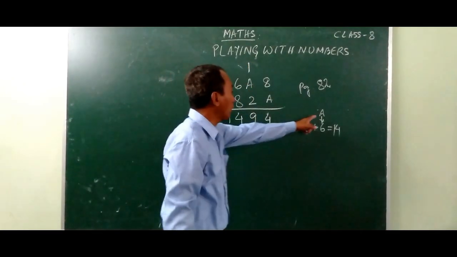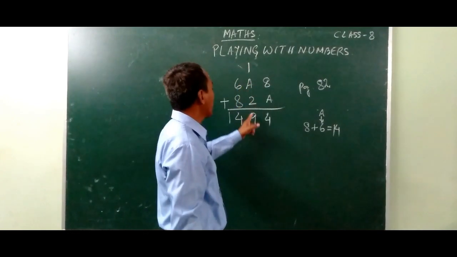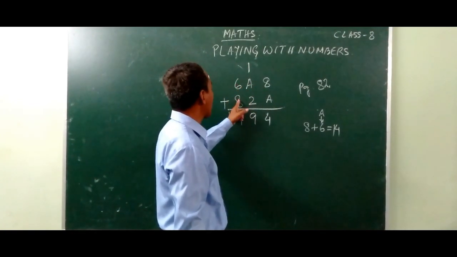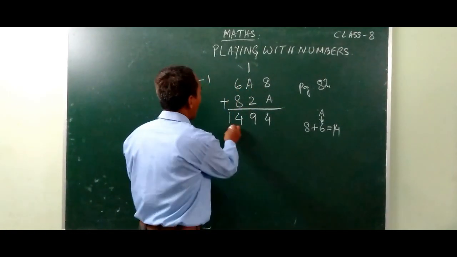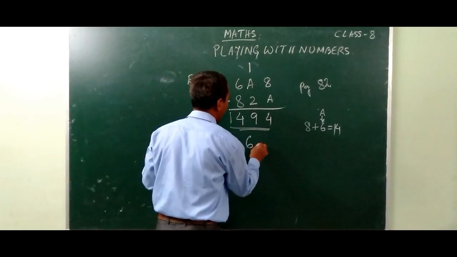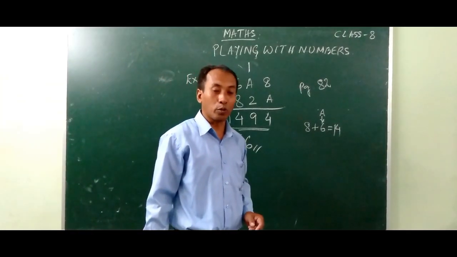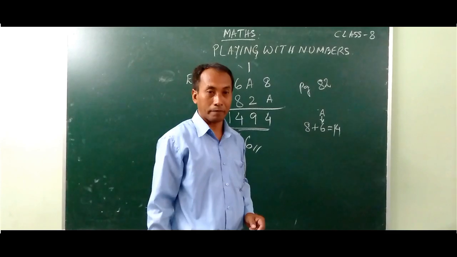So we take the value of A as 6. Then 6 plus 2 is 8, plus 1 is 9. Then 6 plus 8 is 14. So the value of A is 6. Similarly, you can try example number 2 and example number 3.